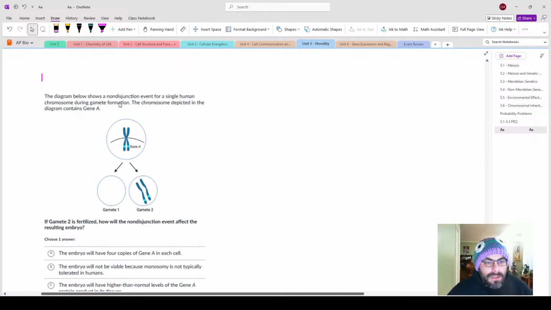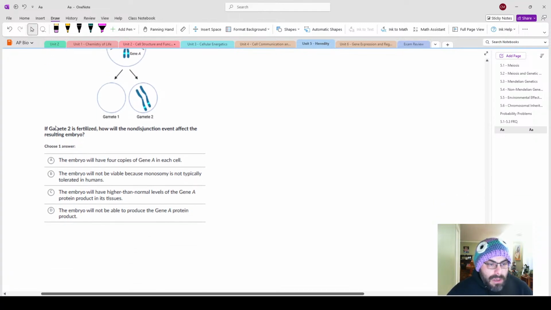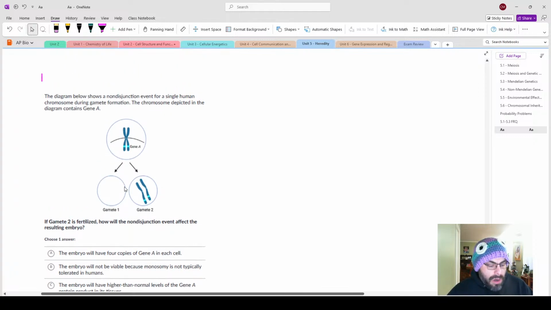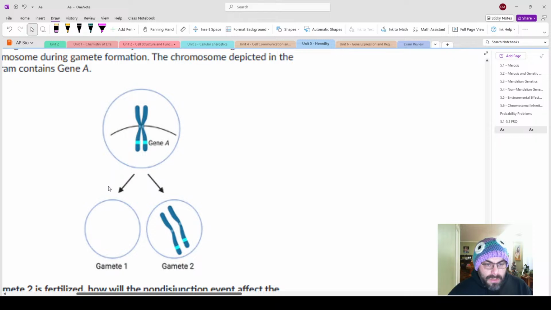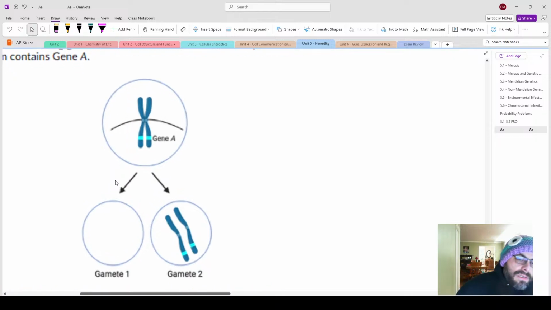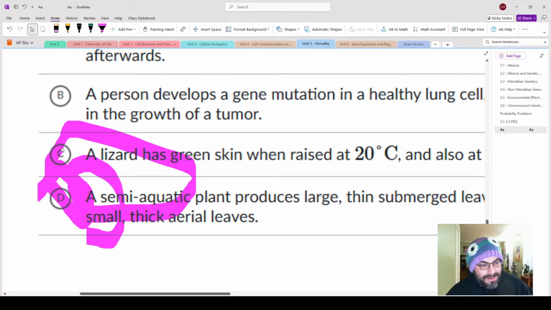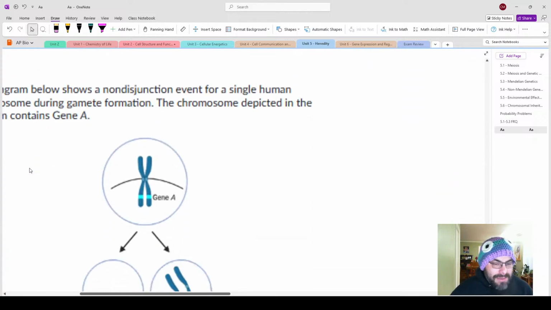And so shows non-disjunction chromosome. If gamete 2 is fertilized, okay, gamete 2 is, okay, so hold on. We're not even going to go, we're not doing that. We're going to go up here and understand this picture. This is a single chromosome. It was a commentary.